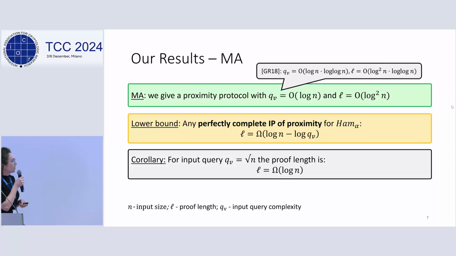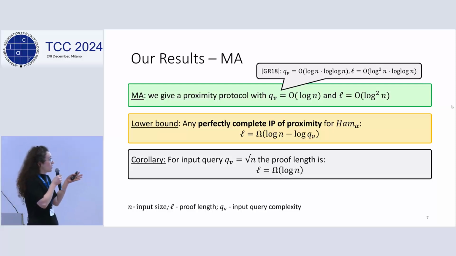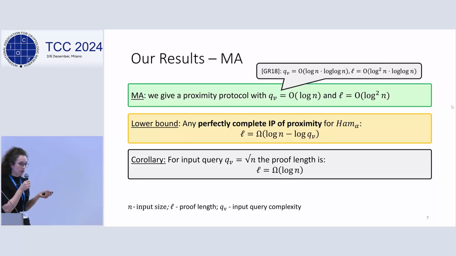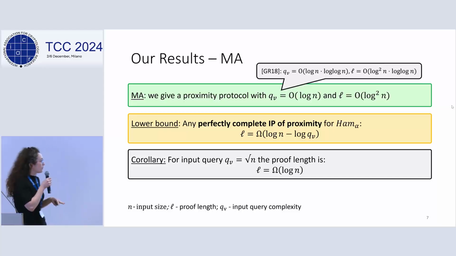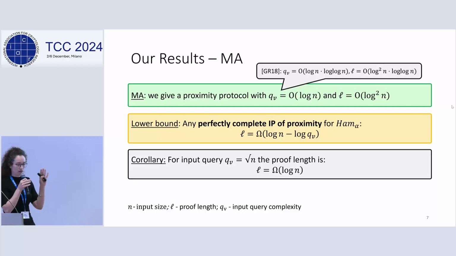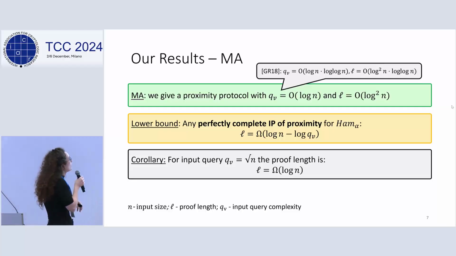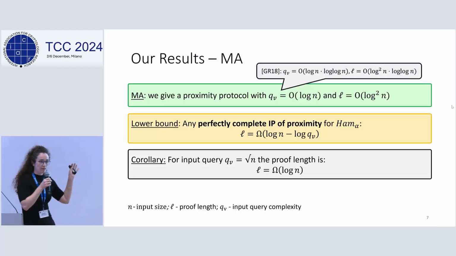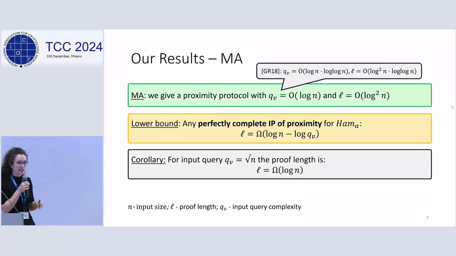For a protocol where the verifier reads square root n bits from the input, the proof length must be log n. So even if we add interaction, even if the verifier makes many queries to the input, the proof length still has to be log n. This means that our MA result is optimal in the proof length up to the log n factor.